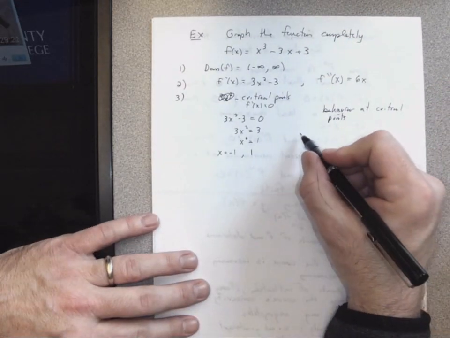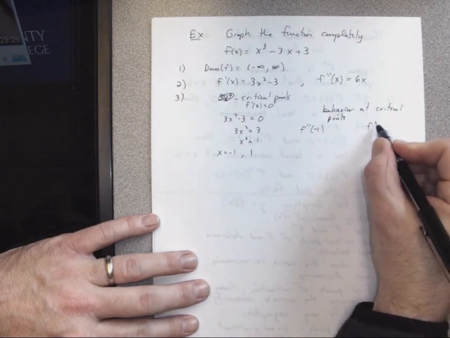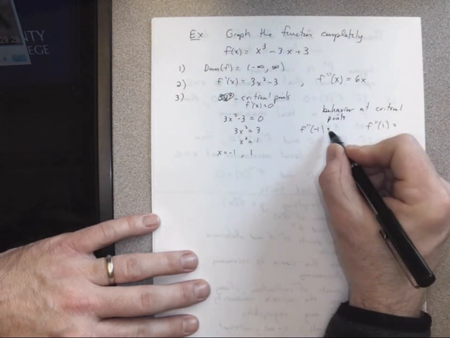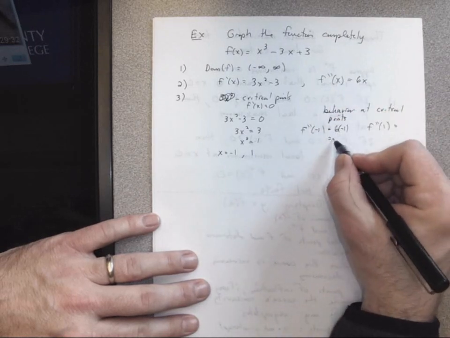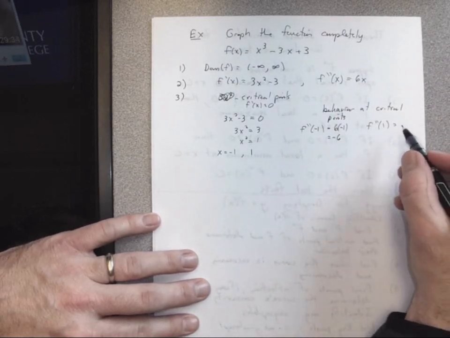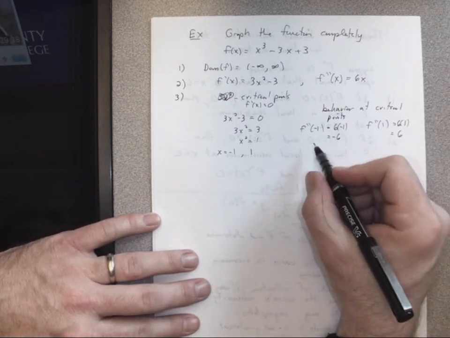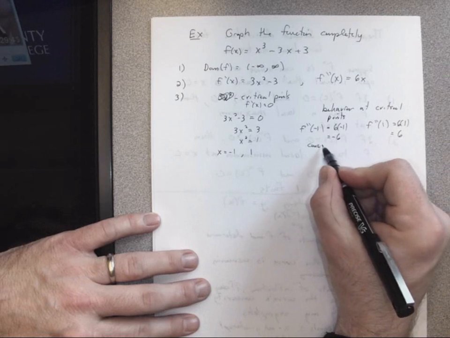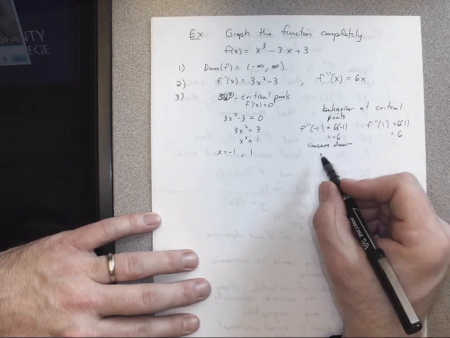So what is f double prime of negative 1? What is f double prime of positive 1? Well, f double prime of negative 1 is going to be 6 times negative 1, so this is negative 6. And f double prime of positive 1 is 6 times 1, so this is equal to positive 6. So that means this is concave down, and the first derivative is equal to 0.